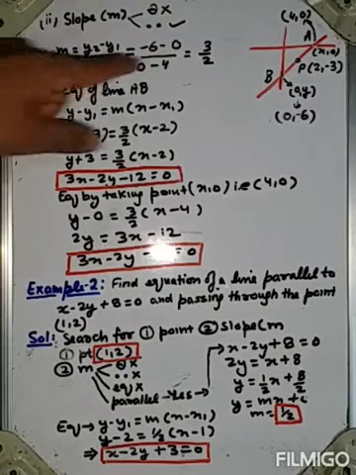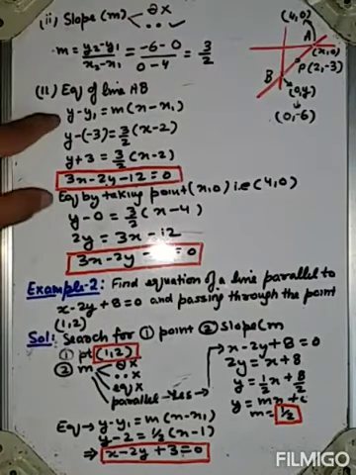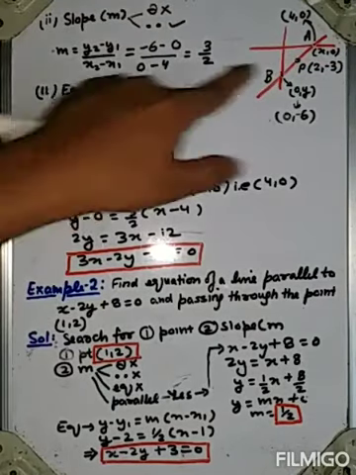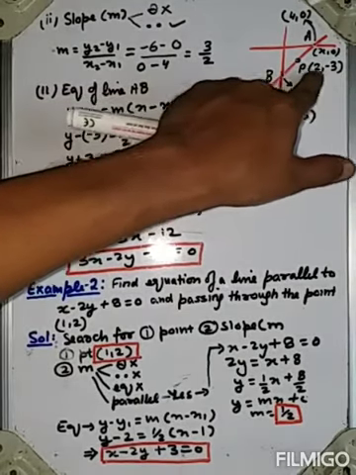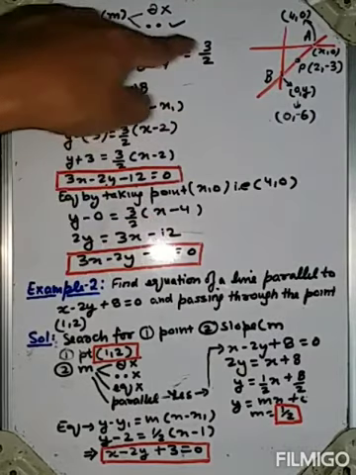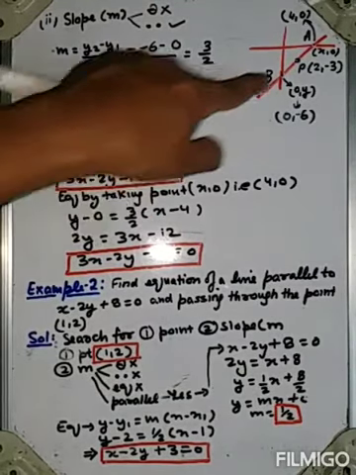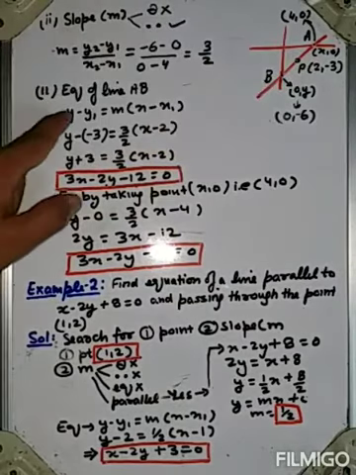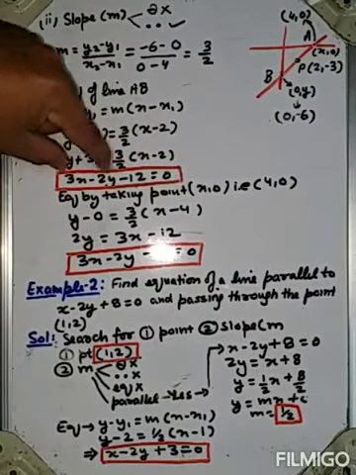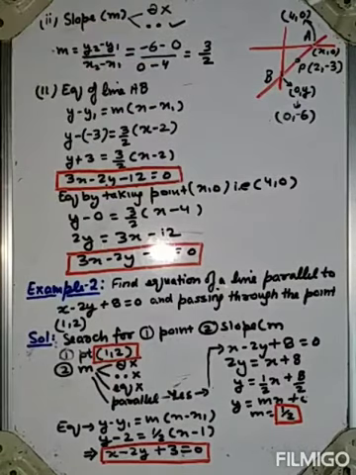Right now I am taking point P, 2 comma minus 3. So y minus y1, that is minus 3, equals m, which is 3 by 2, times x minus x1, which is 2. Solve it out. The equation is 3x minus 2y minus 12 equals 0.